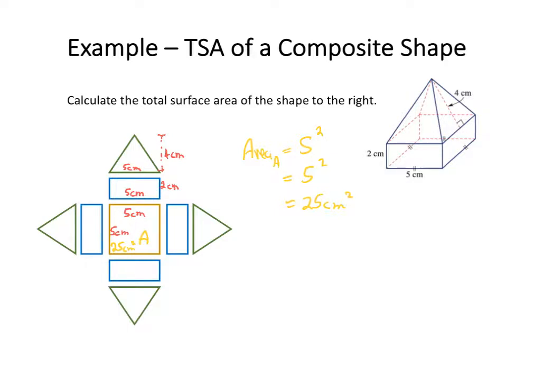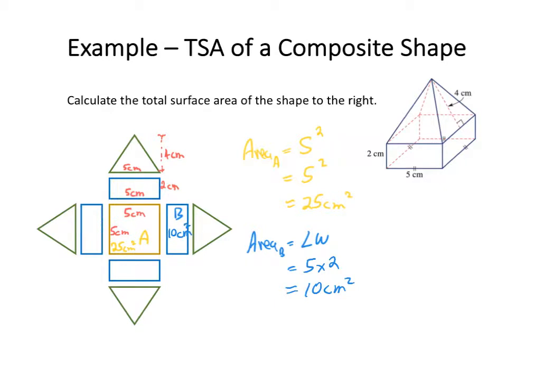So next we'll have a go at calculating the area of the rectangles, and we'll call our rectangles B. So area of B is going to be equal to length times width. Substituting in the values, it's going to be 5 times 2, which is equal to 10 centimeters squared. So each of our rectangles is going to have an area of 10 centimeters squared.